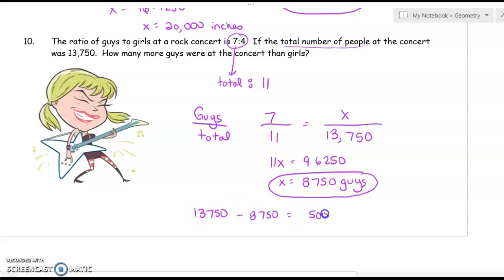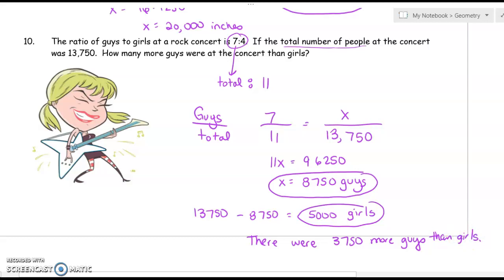We're going to know that there's now 5,000 girls that were at the concert. And the question says, how many more guys were at the concert than girls? Well, if you look at the difference between 8,750 and 5,000, there were 3,750 more guys than girls.